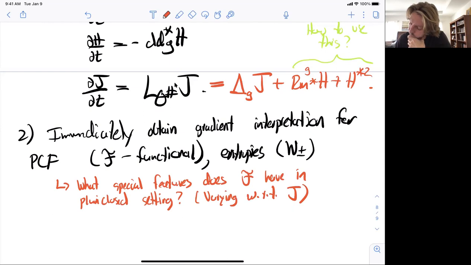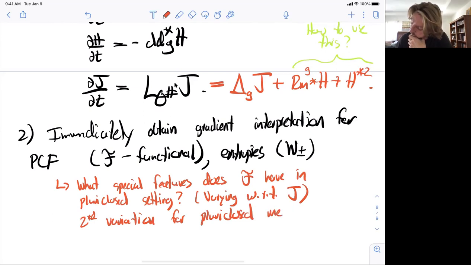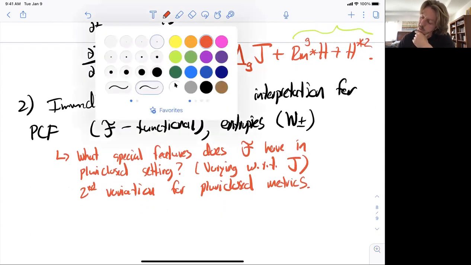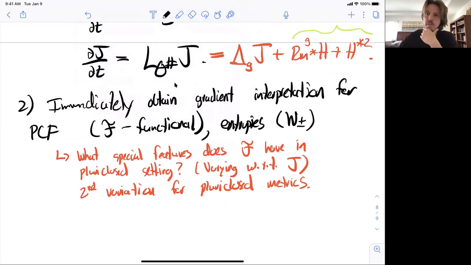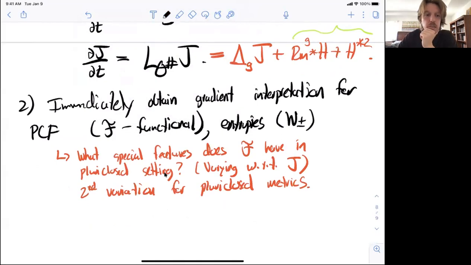Or try to also understand the second variation for pluriclosed metrics. There are some general computations of the second variation of this F, but presumably they're much more special in the pluriclosed setting or the generalized Kähler setting. I think that is possibly an interesting thing.